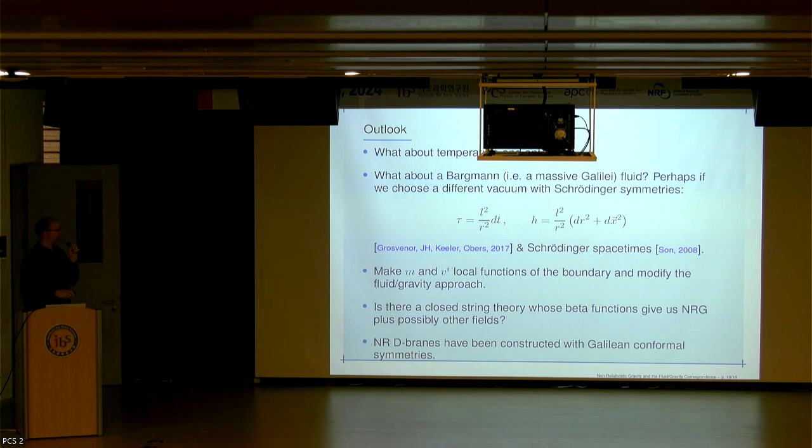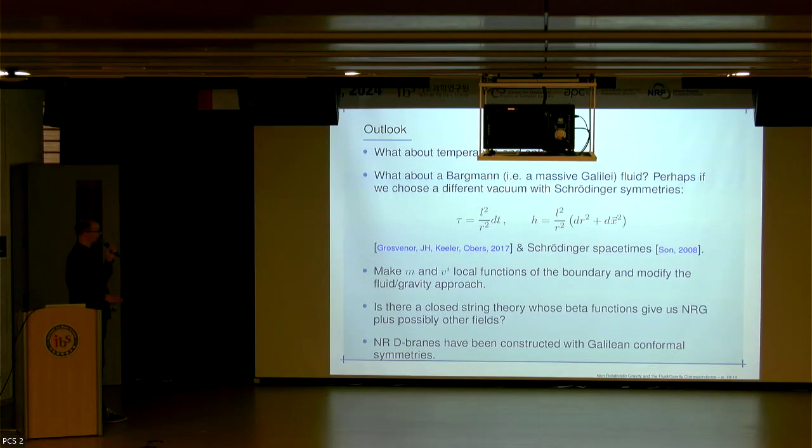And there is in fact a non-relativistic solution. So it's some kind of Newton-Cartan space that has exactly Schrödinger symmetries, as we found in this paper. And it's given here. So I think what you should do is add a bit of matter to the theory, such that this becomes a solution, and then repeat the whole process. Okay?